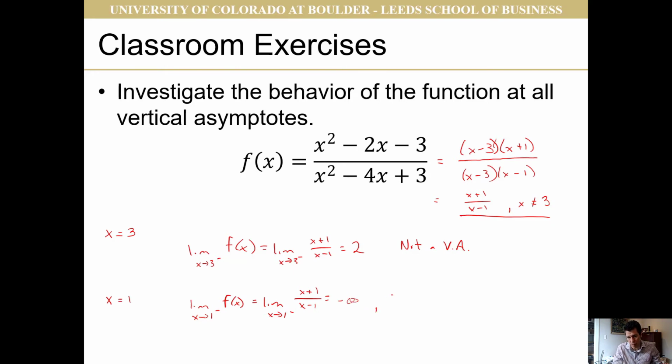We can see pretty quickly, same approach, the limit as x goes to 1 from the right of f of x is going to be infinity, which means this is a vertical asymptote. Also, we know the limit as x goes to 1 of f of x does not exist because the limit from the left and the limit from the right are different.